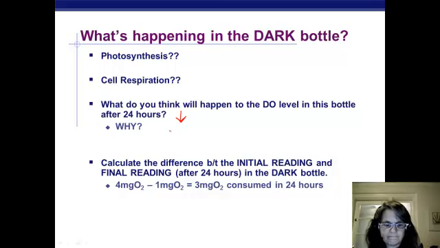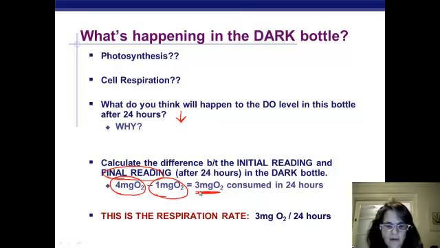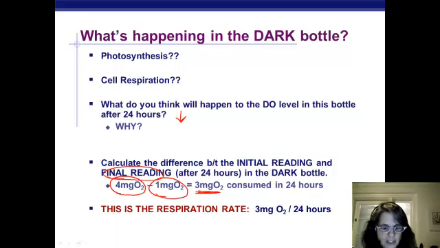So if we had an initial reading of 4, and then we had a final reading after 24 hours in the dark bottle of 1 milligram of oxygen, then we would know that we had consumed 3 milligrams of oxygen in 24 hours, and that would be the respiration rate.